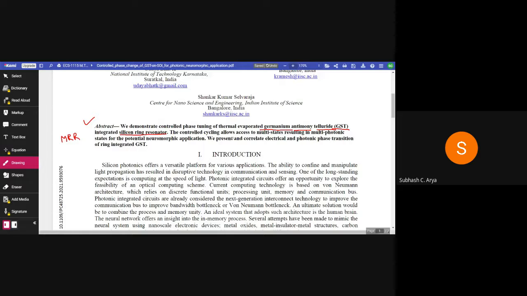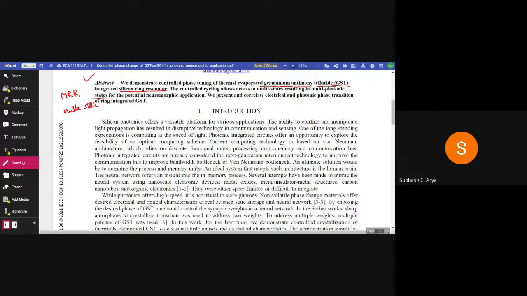The control cyclic allows access to multi states, so there are more photonic states for the potential neuromorphic application.